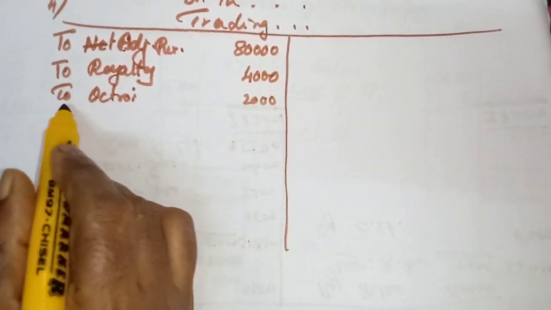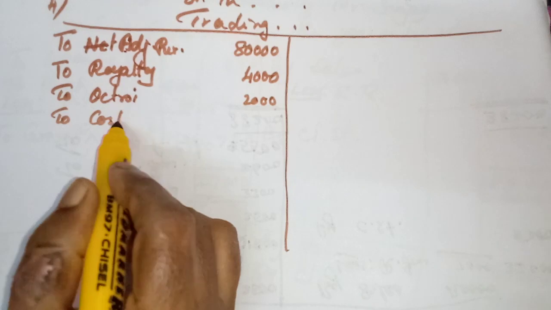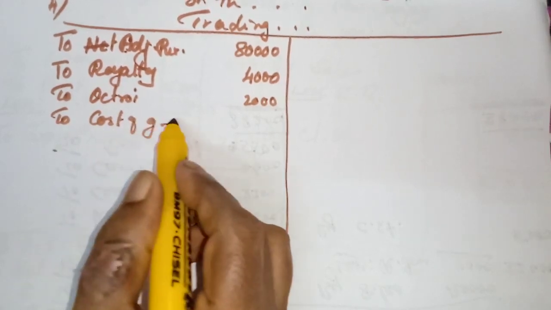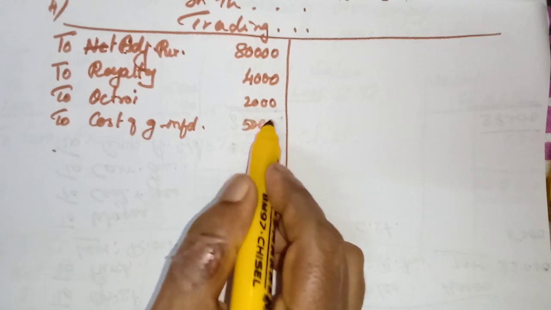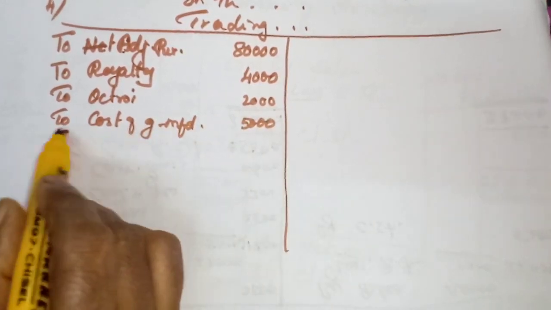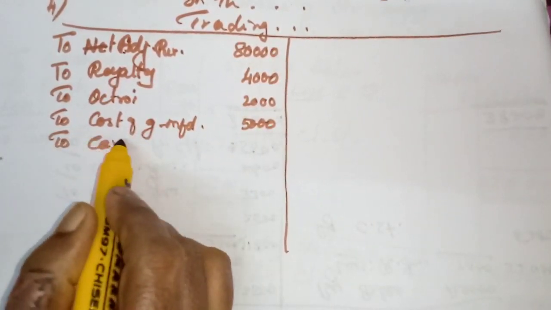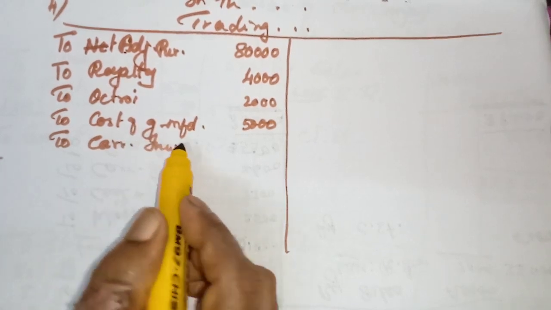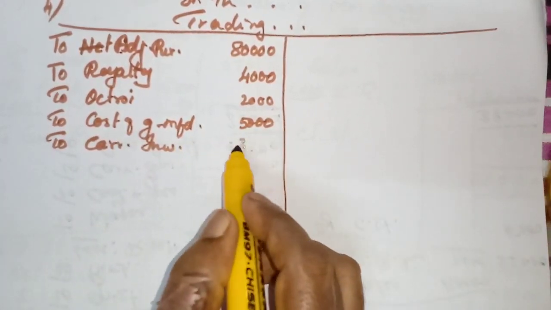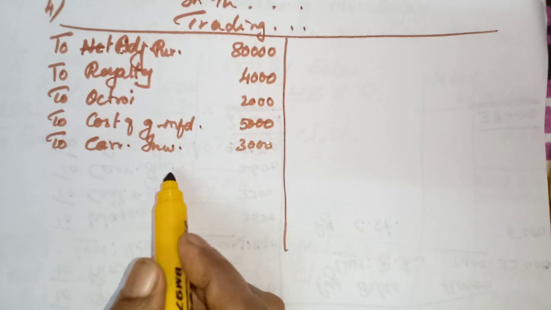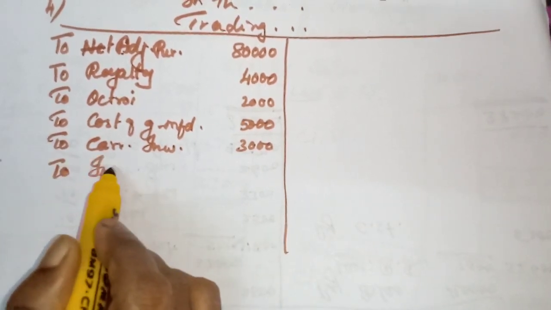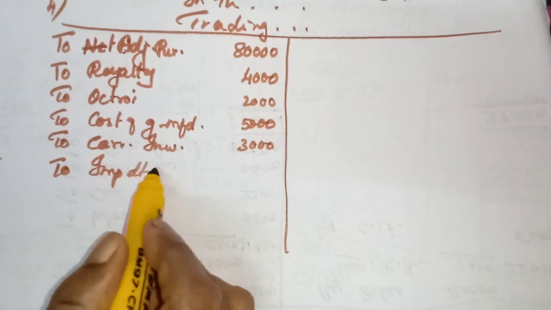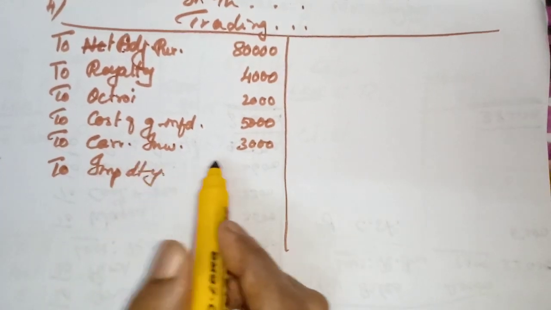Okay. Then 2, cost of goods manufactured, 5,000. Then carriage inward, 3,000. Then import duty, 6,000.